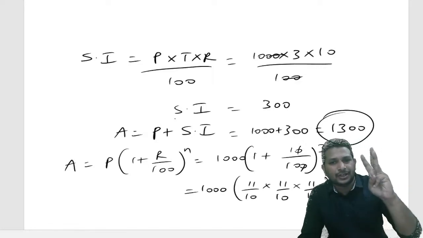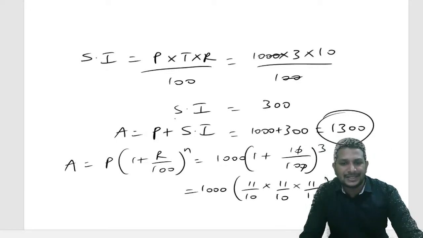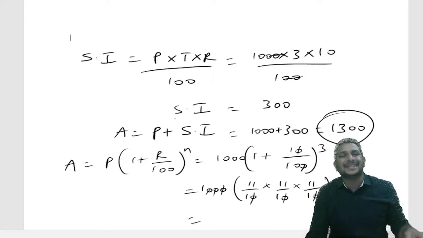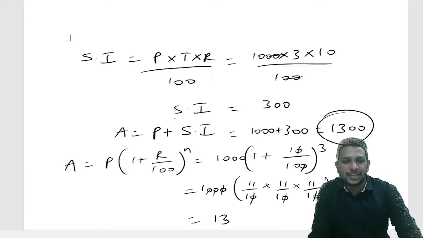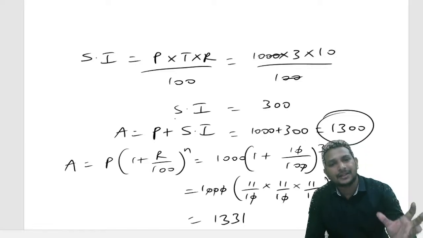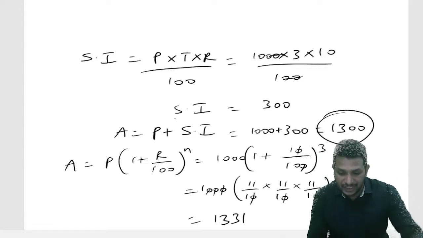So that's why I wrote 3 times. As we can see, the zeros will be cancelled. So 11 into 11 into 11, that's nothing but 11 cube, right? 1331. So we got the amount for compound interest as 1331.